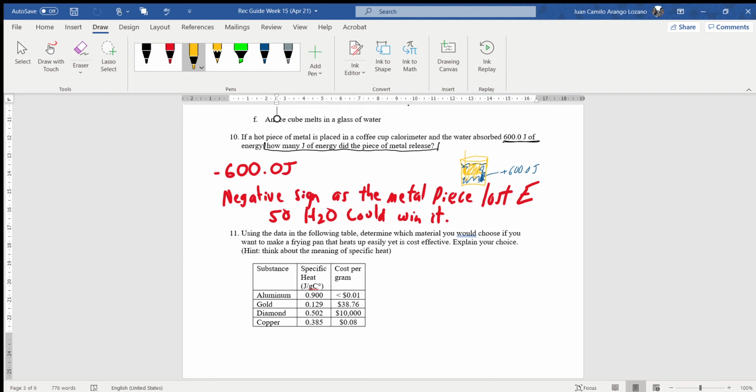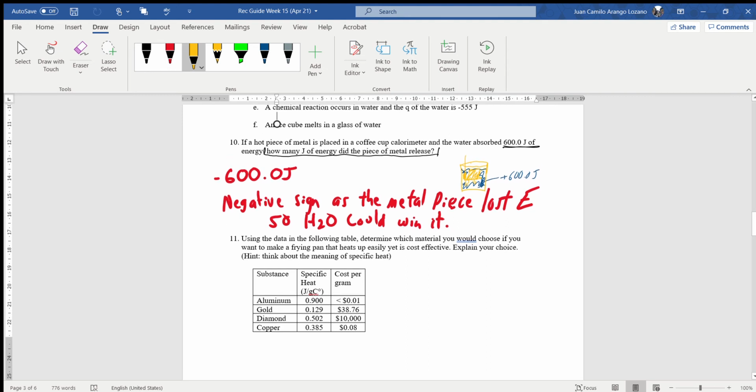And that therefore means that this piece of metal has to be losing that same amount of energy the water is winning. Therefore, minus 600 joules. It has to be just changing the sign. So this is a very good example to point out the necessity for you guys to understand how the sign matters. And as you can see, it does.